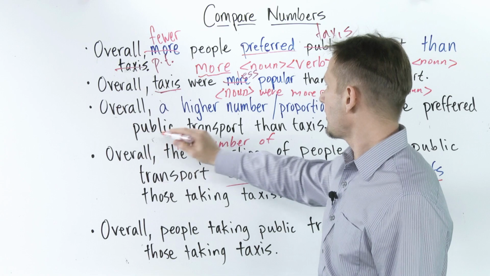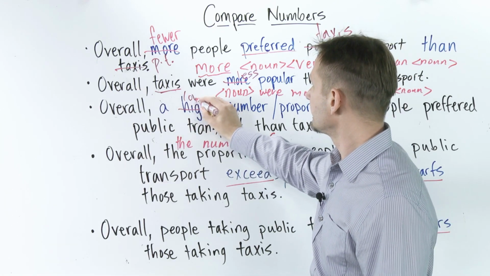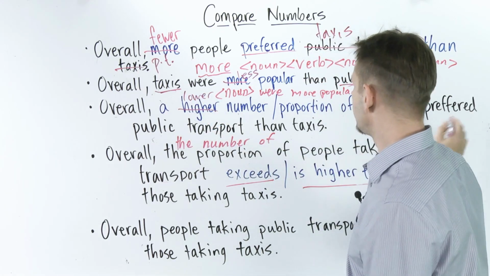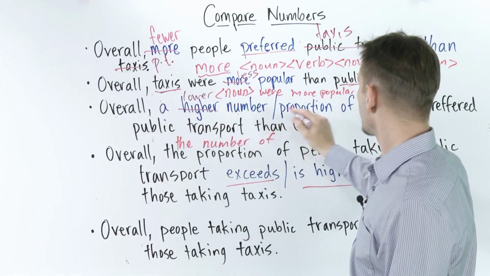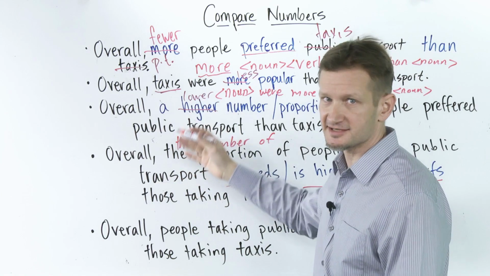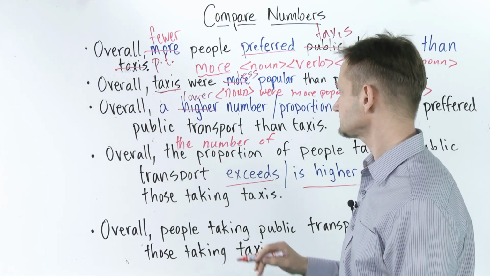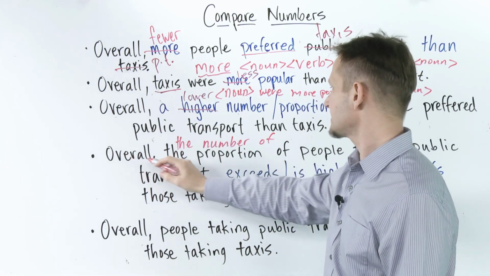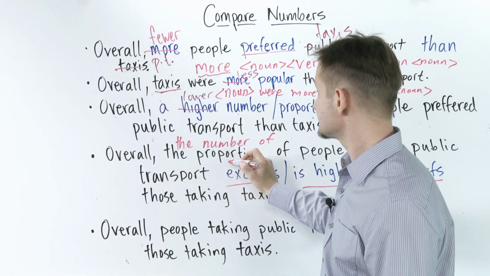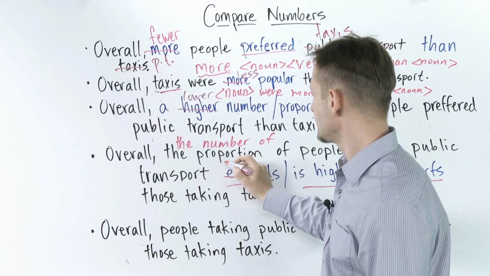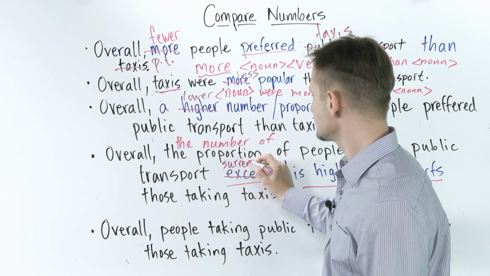Over here, overall, a lower number of people prefer public transport. Or we can say a lower proportion of people preferred taxis than public transport. And here we can say overall the proportion of people taking public transport exceeds. So we can change that to surrenders to.